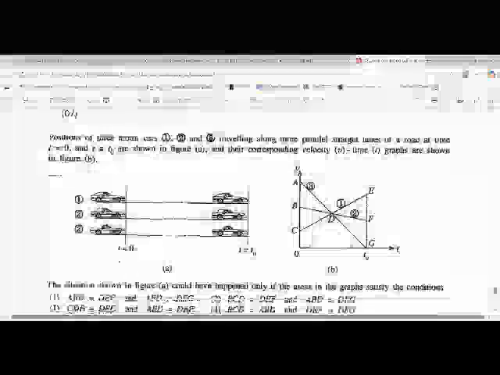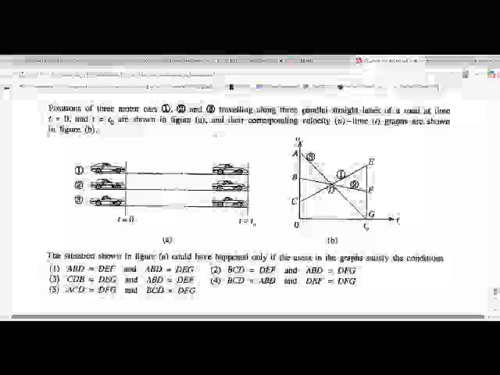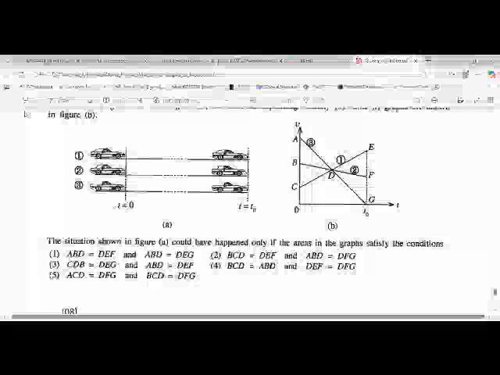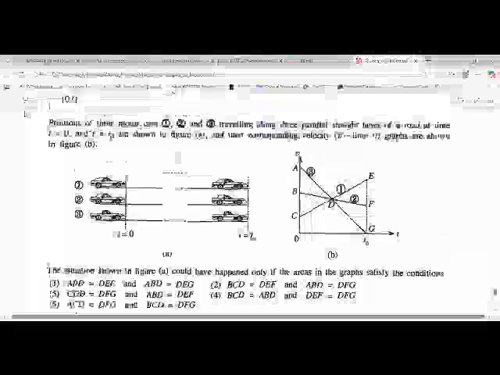Let's consider this seventh question. Some students may be confused with this question, but you have to find a simple path to solve it.